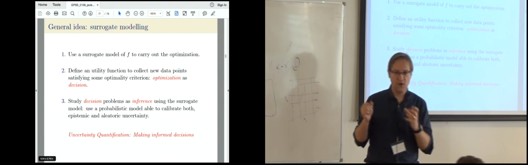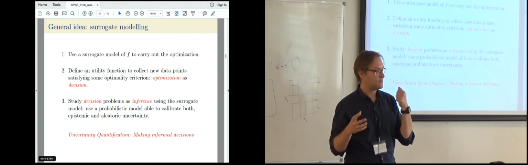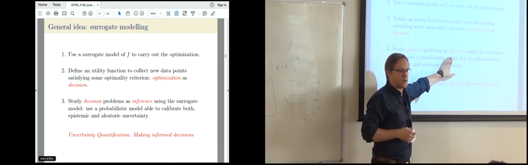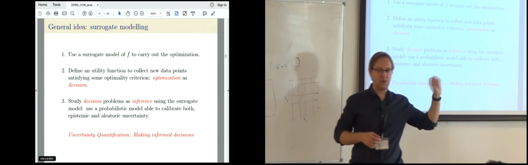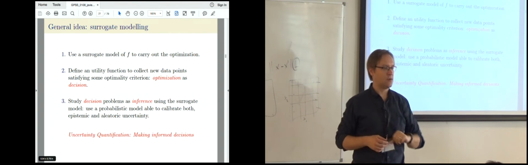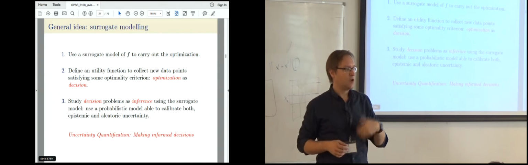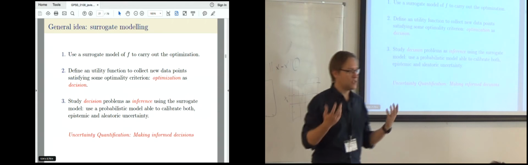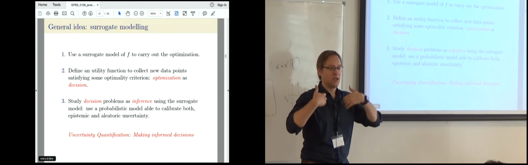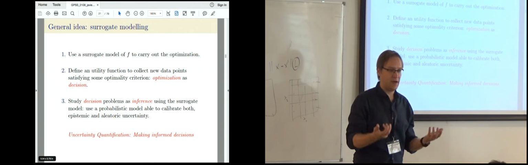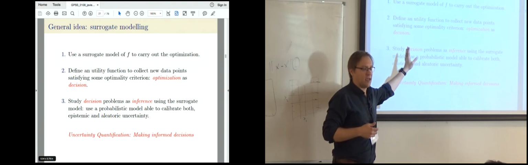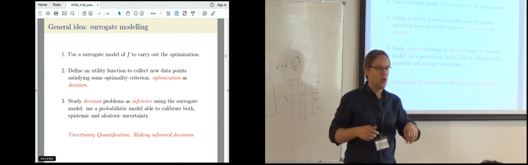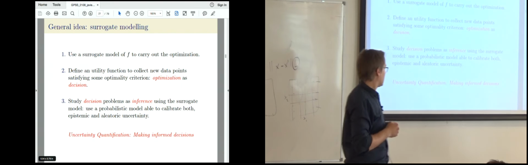And each one of those small decision problems, where do I select my new location, we are treating as inference, right? We are taking an optimization problem, making it a decision problem, and solving each of those decision problems using everything we know about inference. The reason is that we are going to quantify the uncertainty about the values of the original function at the different points in the domain with a Gaussian process and make decisions about that, right?